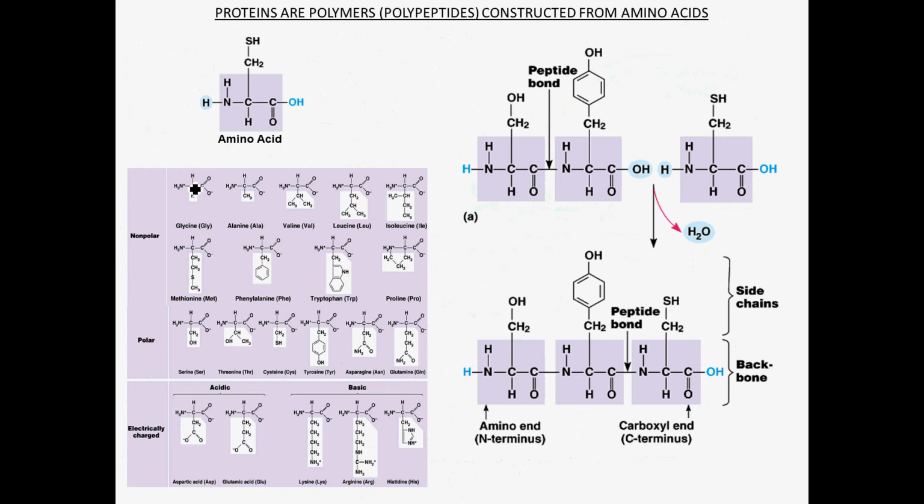So let's take a look at what an amino acid is. An amino acid is the monomer of a protein, and from this we can see that proteins will have carbon, hydrogen, oxygen, and nitrogen, and then to some degree have sulfur as well. Here's the amino acid. The amino part is because you have this NH2 grouping right here.